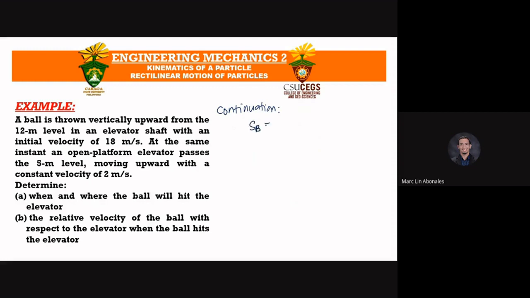So you can choose either of the two, which is 12 plus 18 TB squared plus 1 half negative 9.81 TB squared. And for the final position of the elevator, that is 5 plus 2 TE.